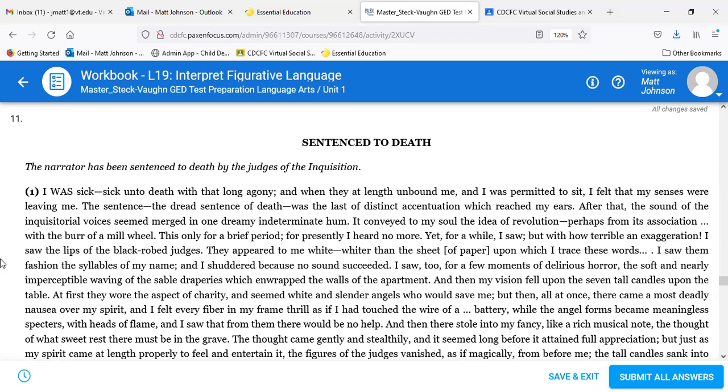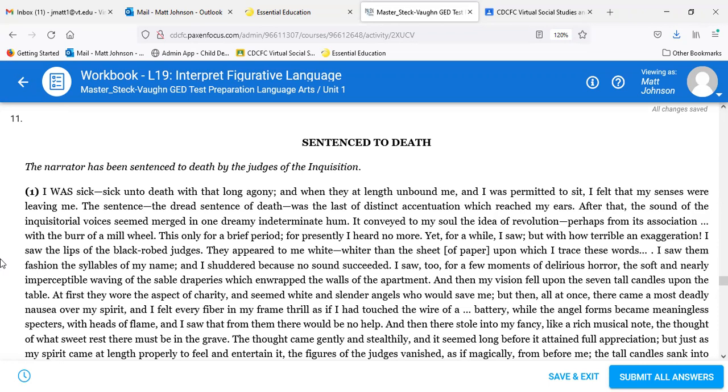Yet for a while I saw, but with how terrible an exaggeration. I saw the lips of the black-robed judges. They appeared to me whiter than the sheet of paper upon which I traced these words. I saw them fashion the syllables of my name, and I shuddered because no sound succeeded. I saw, too, for a few moments of delirious horror, the soft and nearly imperceptible waving of the sable draperies which enwrapped the walls of the apartment. And then my vision fell upon the 7 tall candles upon the table.